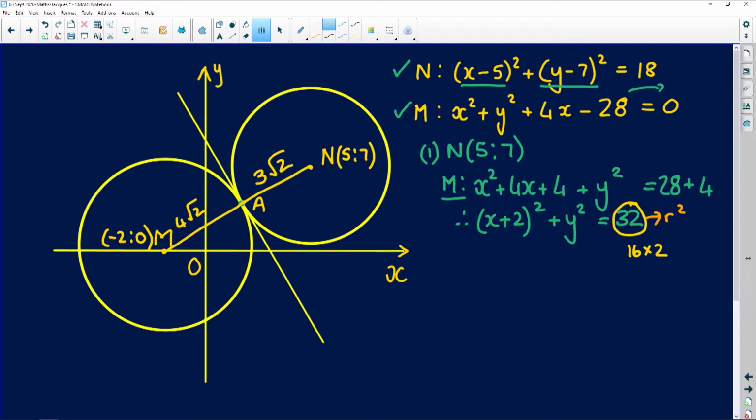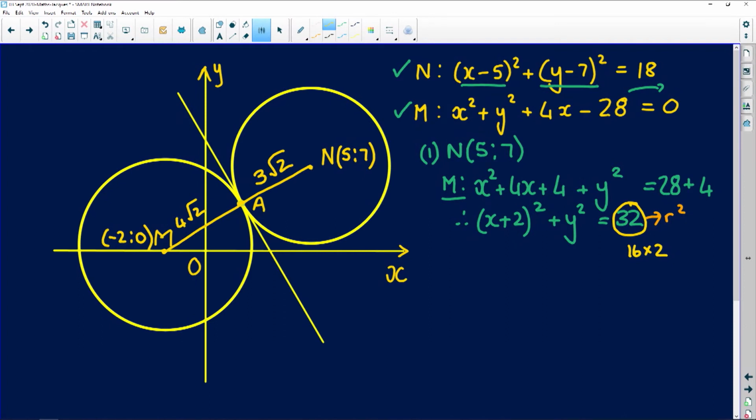So what do we have? We have the distance between the points M and N. We've got our radii. Remember, you have radius squared, so the 18 and the 32 are squared values. If you transfer the information to your diagram, you've got to take the square root and make sure you transfer the correct radius to the correct circle. Okay, so that was for 5 marks.